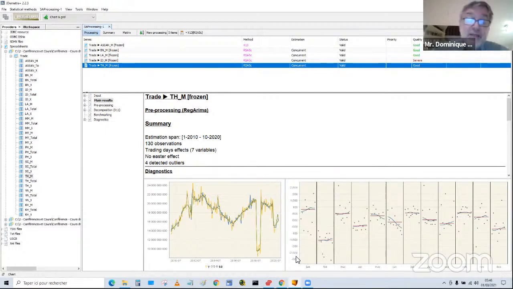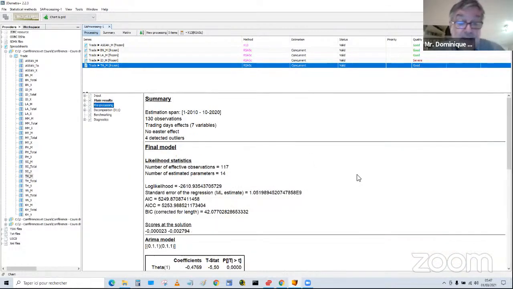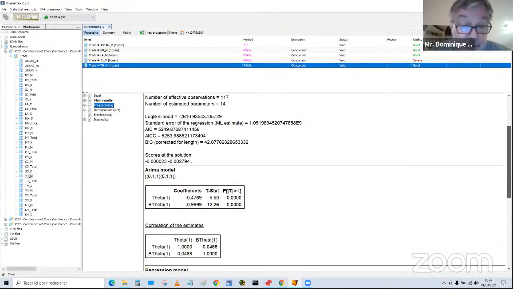In the previous case in ASEAN and Indonesia, for example, we had a logarithm transformation, so it was different. We had a multiplicative model, so we could not see directly the impact of the outliers because they were expressed in the logarithm. Here, it's just the opposite. Everything is expressed in levels.